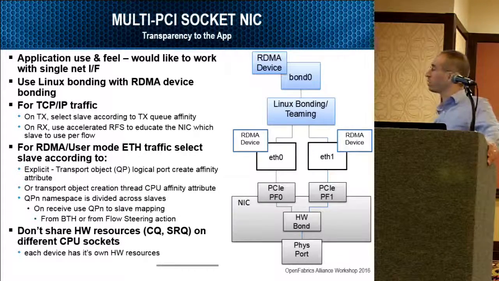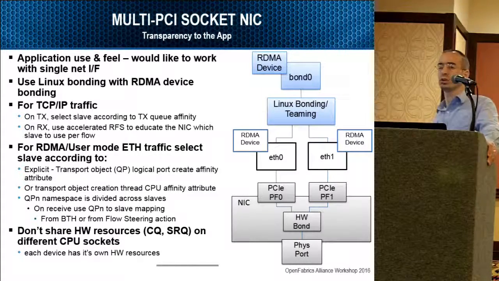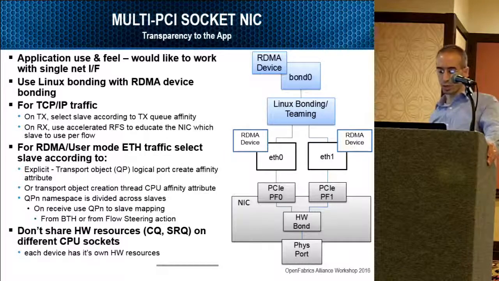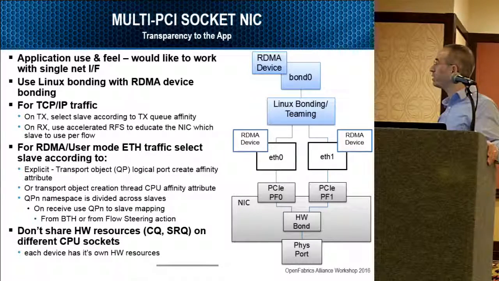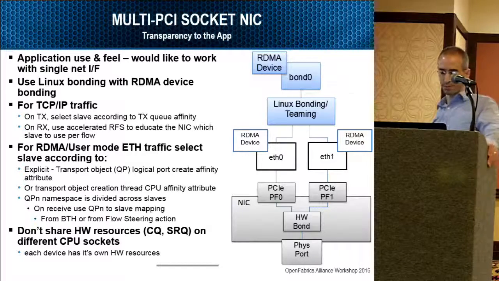So either we do it explicitly, the transport object can specify its affinity, which CPU it uses, and then we use the right physical functions to create this QP and to send and receive traffic on this QP. By dividing the QP numbering range between those 2 legs, we basically can know on the receive path which leg should get the traffic.